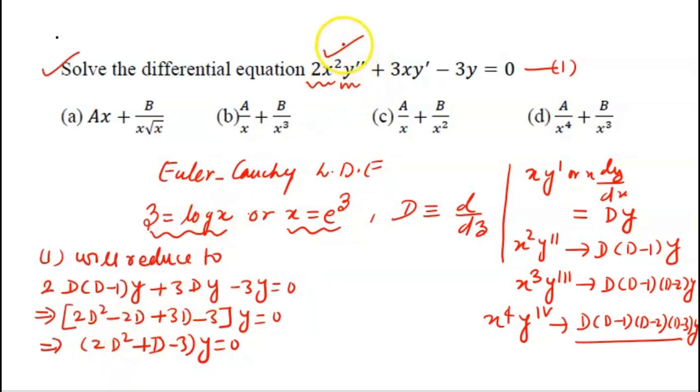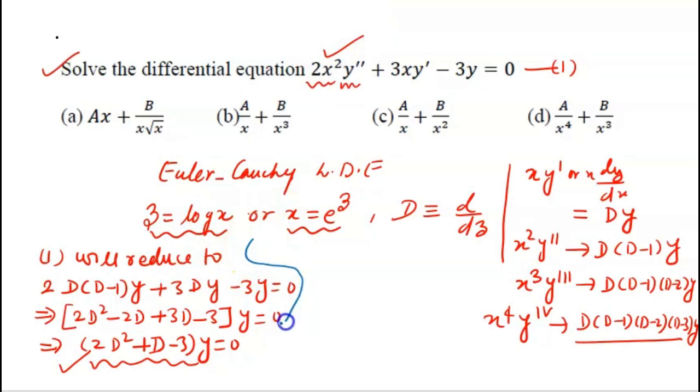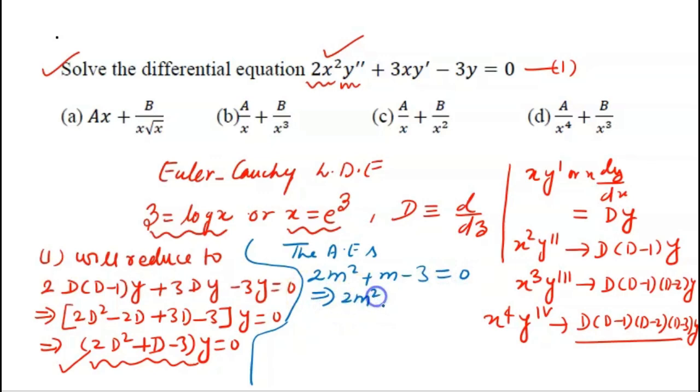So the idea is that the Euler-Cauchy form of the differential equation will reduce to the linear differential equation with constant coefficients, and you know how to solve it. You already know the process of solving it. So what is the process to solve this differential equation? The process is that you first write the auxiliary equation. So the auxiliary equation is 2m square plus m minus 3 is equal to 0, which you will solve: 2m square plus 3m minus 2m minus 3 is equal to 0.